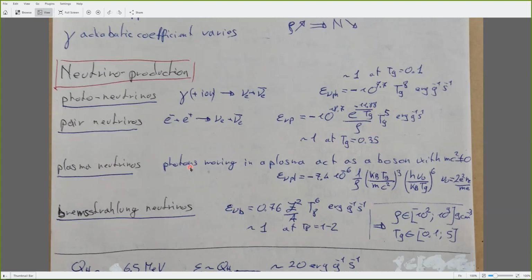They are bosons with no mass, but when they are moving inside the plasma, since the propagation is a bit slower than the top speed of light in the vacuum, they present this effect, so they manage to produce neutrinos, and this is the formula.